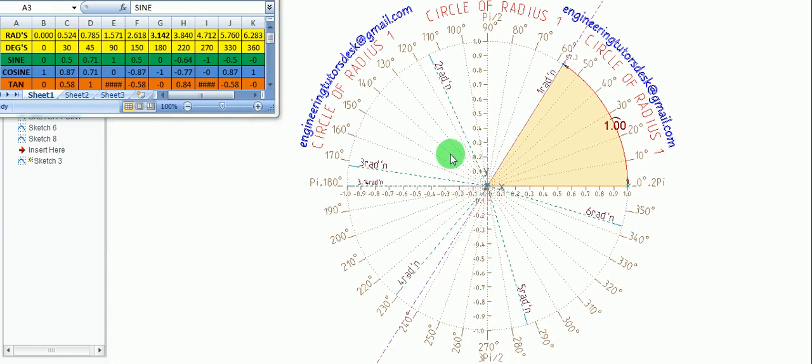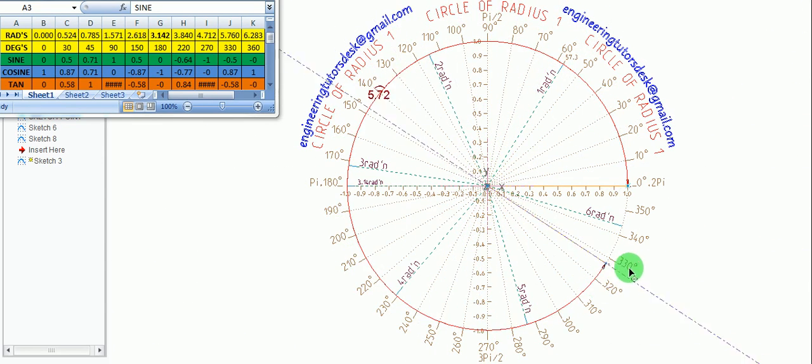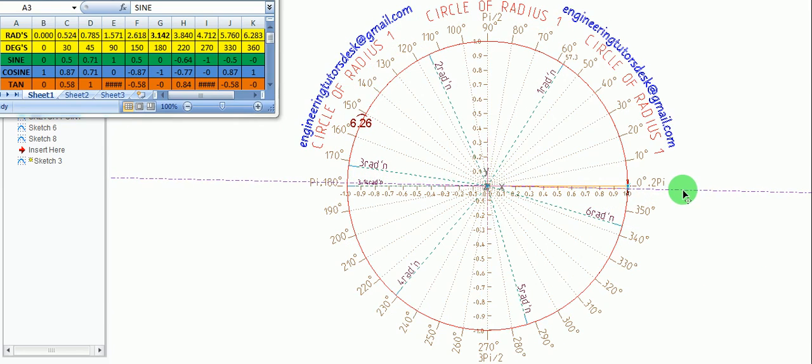We can represent the complete circle with 360 degrees, or we can represent the circle with 6.28 radians.